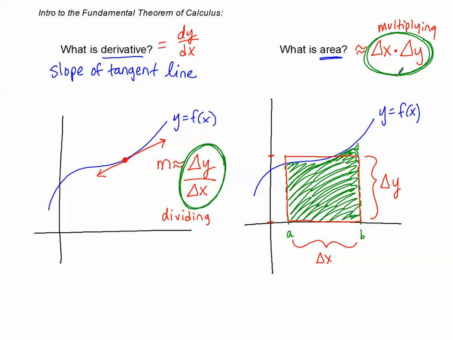That tells us that the derivative, and well, what's the inverse process of the derivative? That's right, the antiderivative. So whereas slope is the derivative, the inverse process of it is the antiderivative.